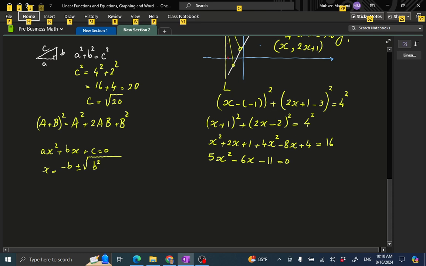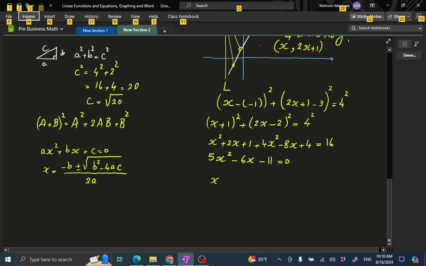Does everybody remember? B squared minus 4ac, divided by 2a. So the quadratic formula is our fallback position in case the numbers are unfamiliar. In this case, you could also factor it, but perhaps that takes just as long. Let's go ahead and solve with the quadratic formula, and then we come back and see what the answer is.